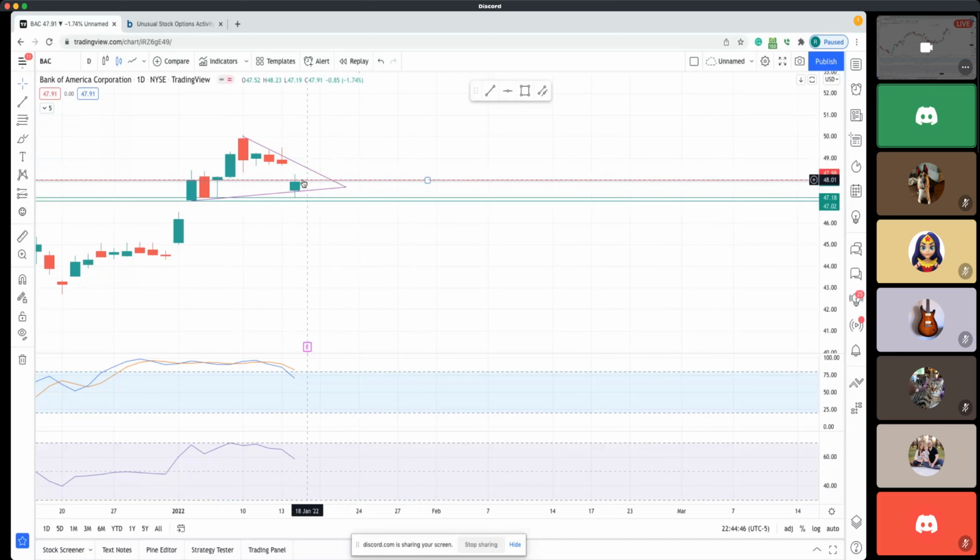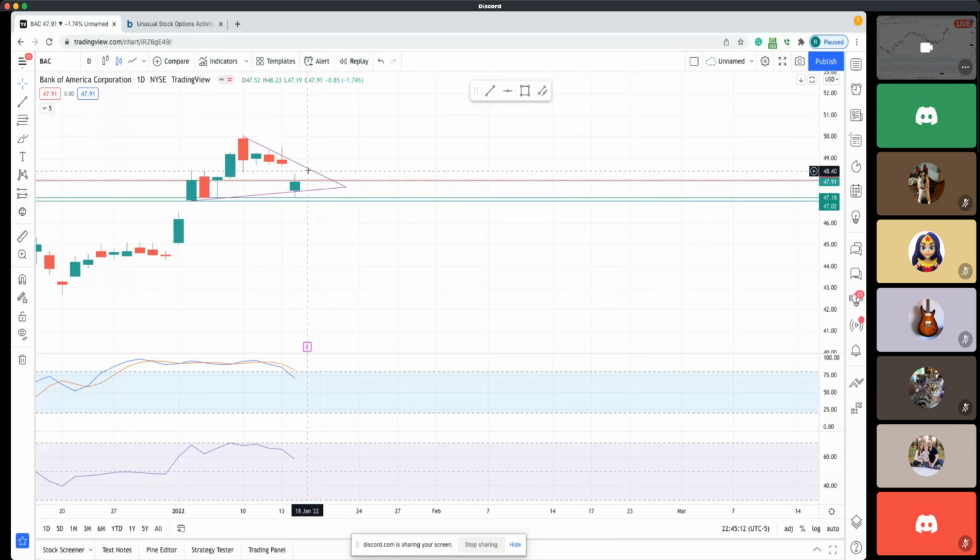I'd look at my option chain and see at 48, what's the next strike price? Say the next one is probably 50, on Bank of America. So if it breaks $48, that would be my call price.